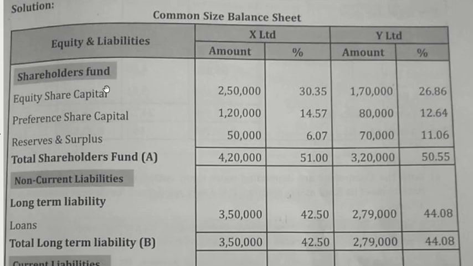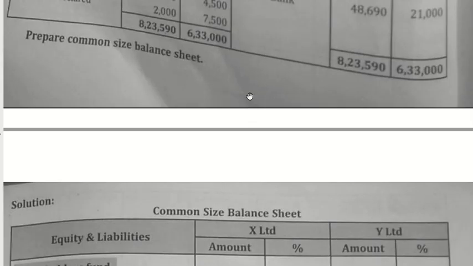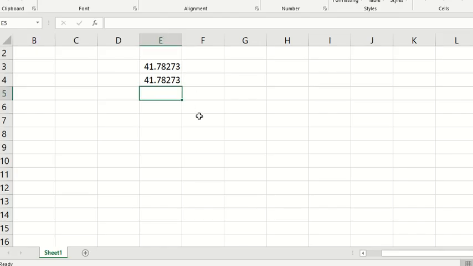So you start with shareholders fund, equity share capital 2,50,000. This is your X Limited. So what is your X Limited total? 8,23,000. So 2,43,000 divided by 8,23,000 into 100.